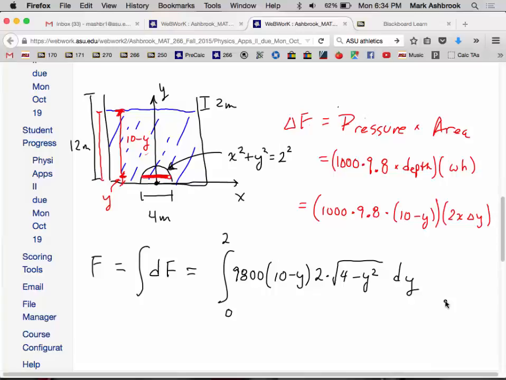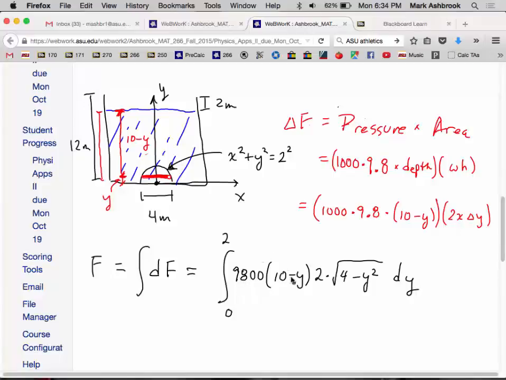Questions? Yeah, so this is what I was talking about before, but it's easier to see now. So you're going to have to make this into 2. So the 10 will distribute to all these terms, and then you have a table integral, okay? 9,800 times 10 times 2 times this radical, you could do that from the tables. All right, then you have the minus y distributed.